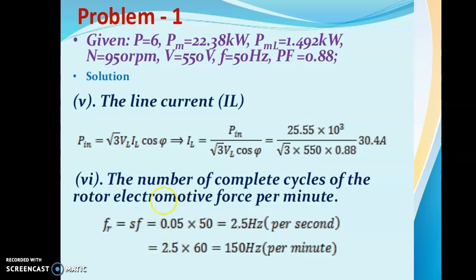So, by taking the slip value as 0.05, which is already calculated in the previous bits, and putting the value of F, that is system frequency 50 Hz, which is directly given in the question, we will get the answer 2.5 Hz. It will come in per second. We can also convert it into per minute by multiplying it with 60 simply.